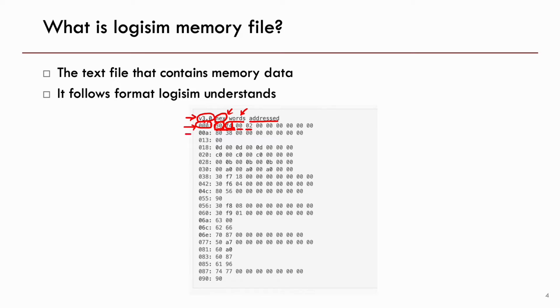And then in the next line, it has data, and its starting address is A. And then we see the 8038 and so forth. So we will stick to this format: version 3, with hexadecimal notation and the data separated by words, and then addressed.